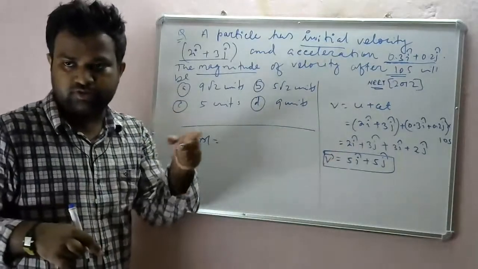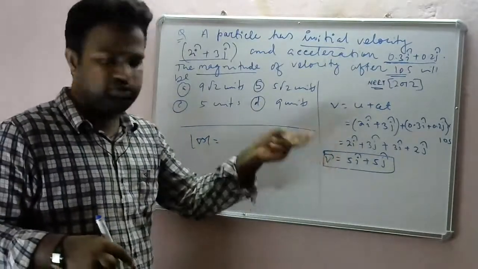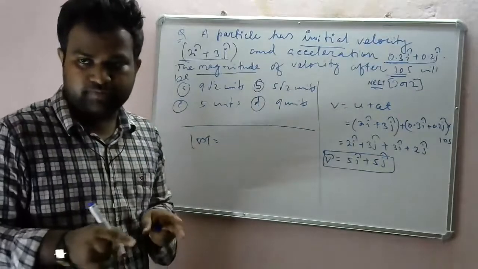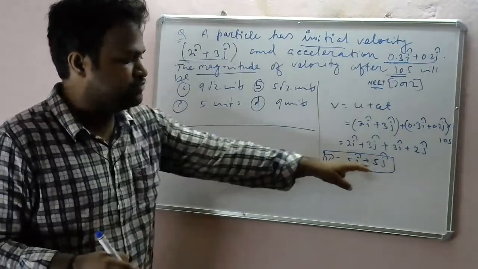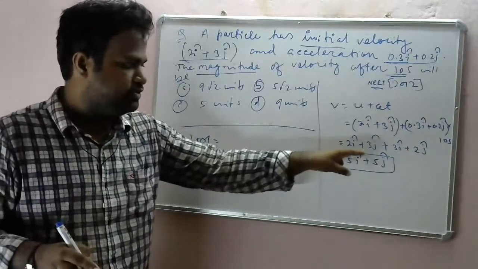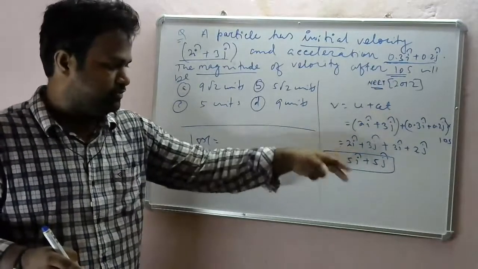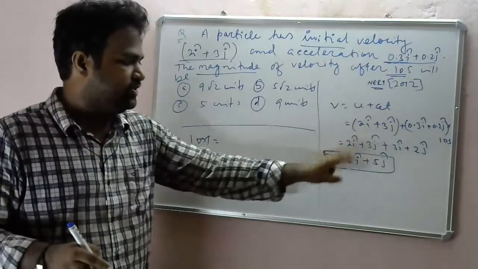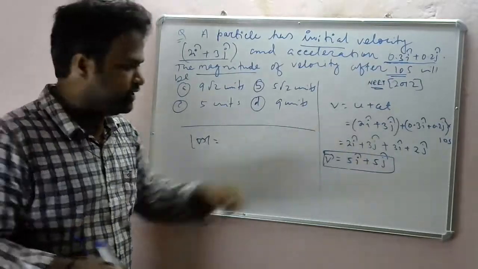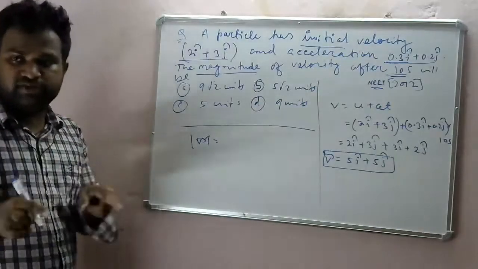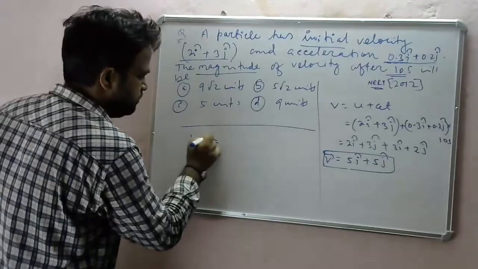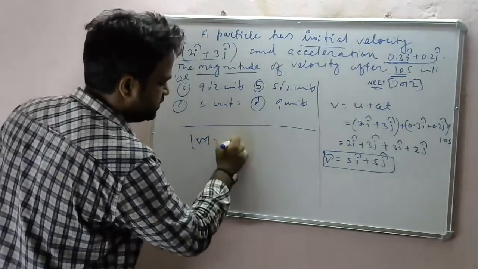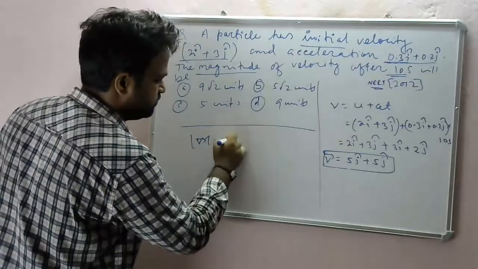Or you can find v dot v, which gives v square, and since i dot i and j dot j are there, you get 5 square plus 5 square. Then take the square root to get v. The formula you can remember.